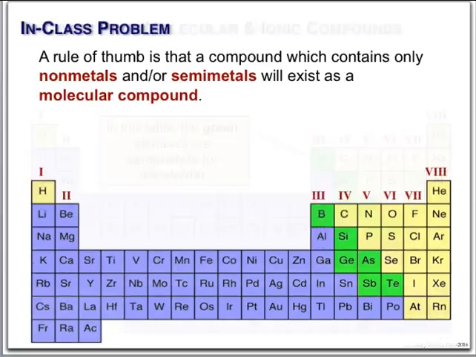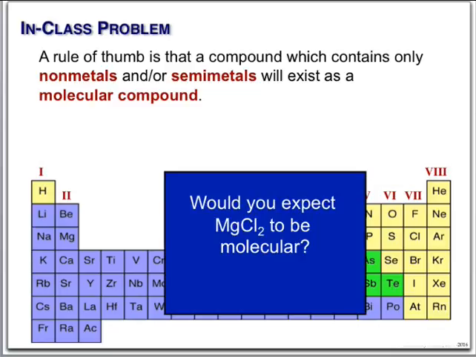So, if you had a compound that was magnesium chloride, is that going to be molecular or ionic? What you want to do is simply look at your periodic table and find them.